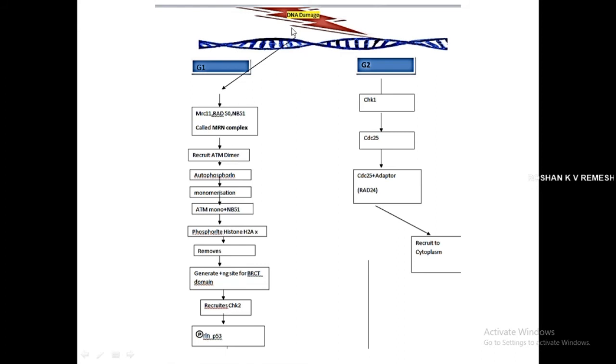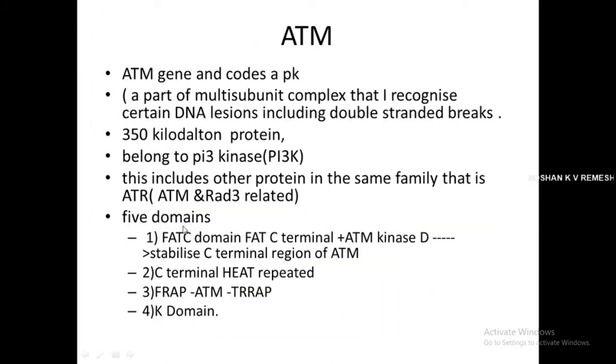So they recognize the DNA lesions and then activate downstream proteins. It has a size of around 350 kilodaltons, and it belongs to the PI3K family. PI3K means phosphoinositide 3 kinase. This is an important molecule in a different signaling pathway that we will study later.